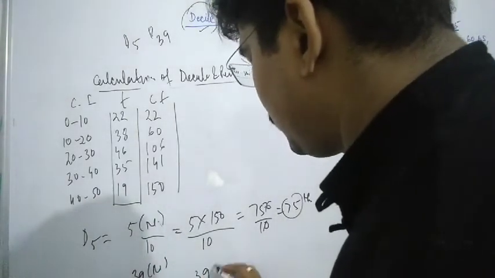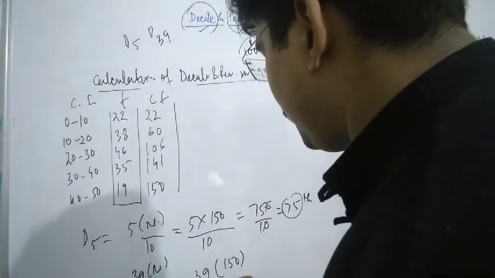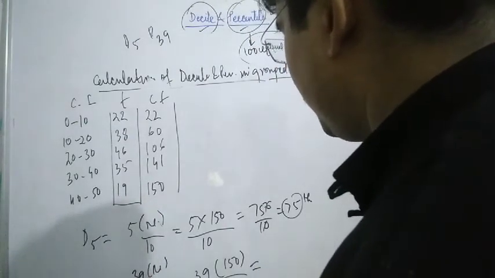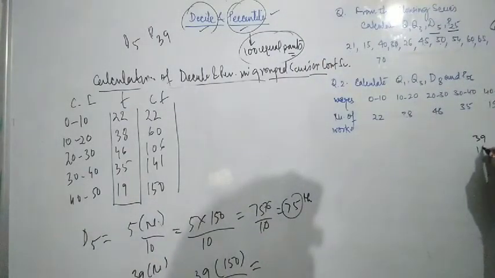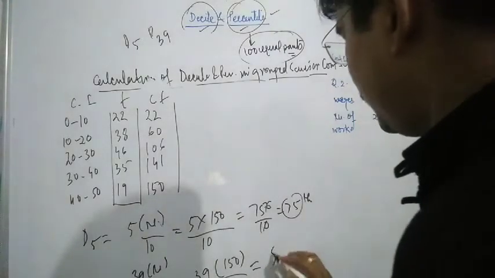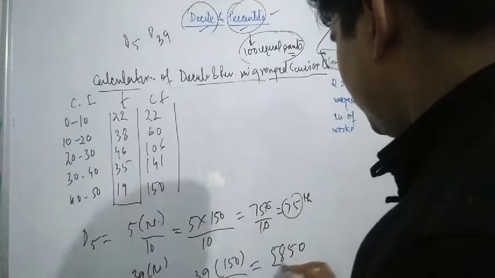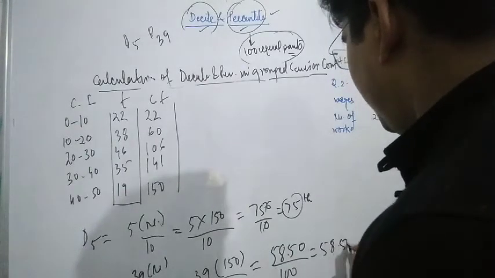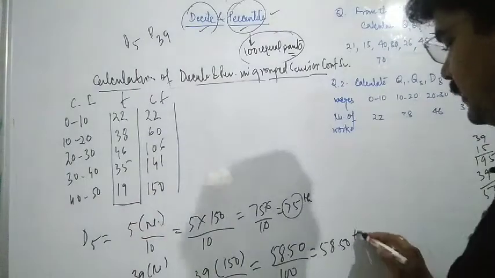For P39, 39 into 150 upon 100 is equal to 39 into 1.5, which is 58.50. It is the value.